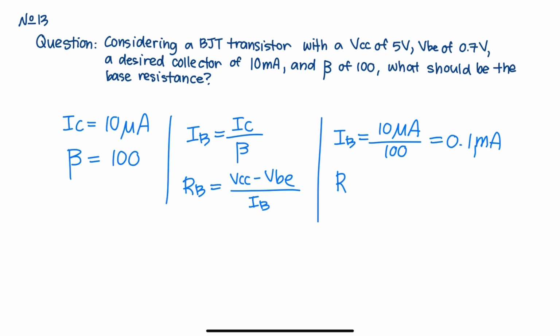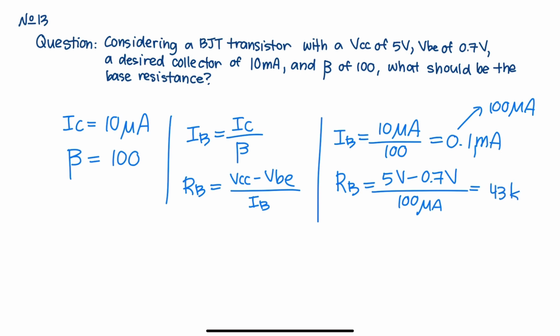And then we're going to use the other formula, which is going to be 5 volts minus 0.7 volts over. By the way, this is going to be 100 actually. So we're going to use this 100 right here. And we're going to get 43 kilohms, which is going to be our final answer.